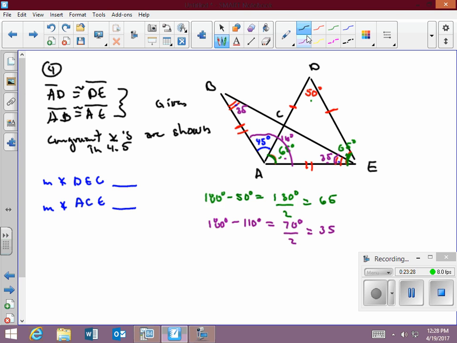So if you consider the triangle ACE, then the measure of angle ACE is equal to 180 degrees minus the 65 degrees minus 35, right?